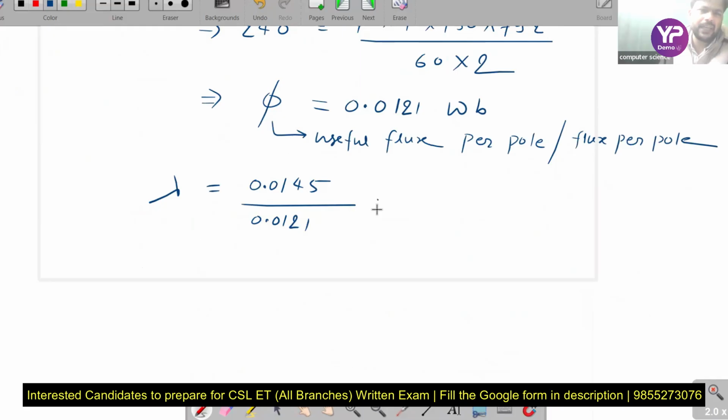When we simplify, we get the value of the leakage coefficient, which is 1.198.